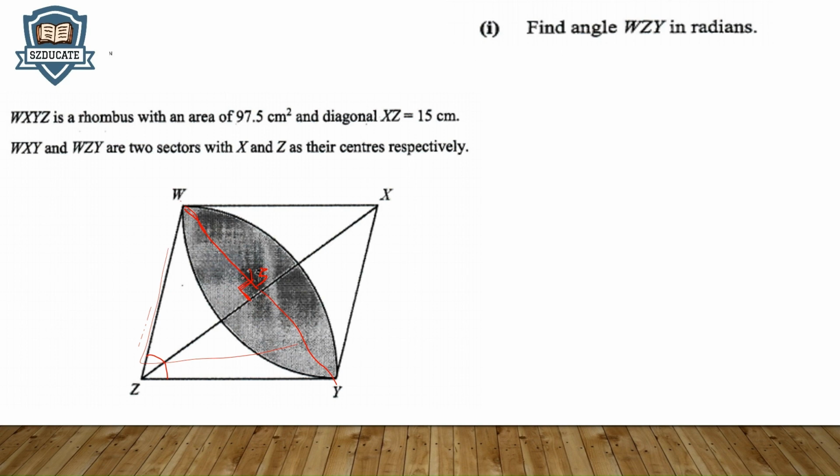So now, if we know XZ is 15, let's call this middle point C, for center. Okay, C. So if center C, the whole XZ is 15, then ZC would be 7.5.